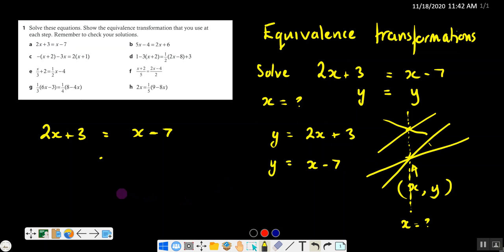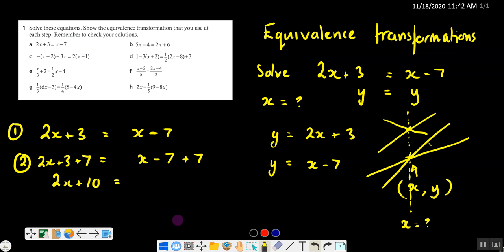Okay. Now, I'm focusing on the equivalence transformations. This is equation number 1. Let's say equation number 2 is now, if I add 7 to both sides, I have x minus 7 add 7, and I have 2x plus 3 add 7. It would be 2x plus 10 equals x.